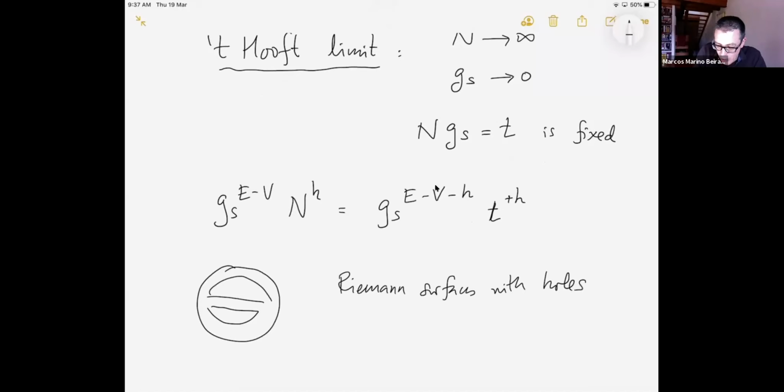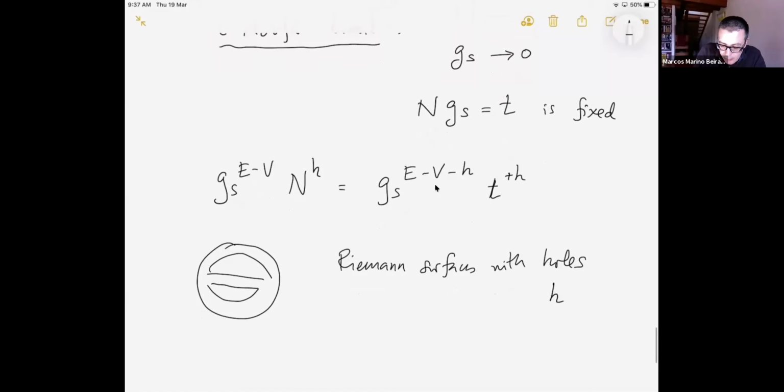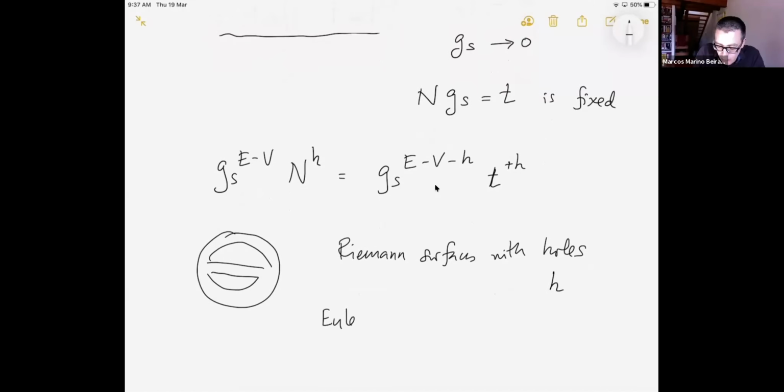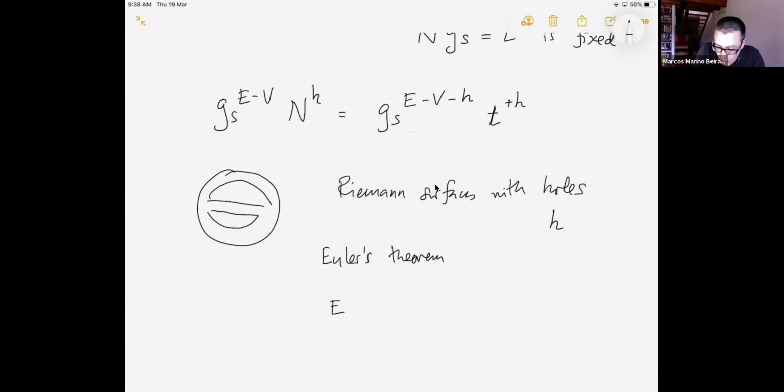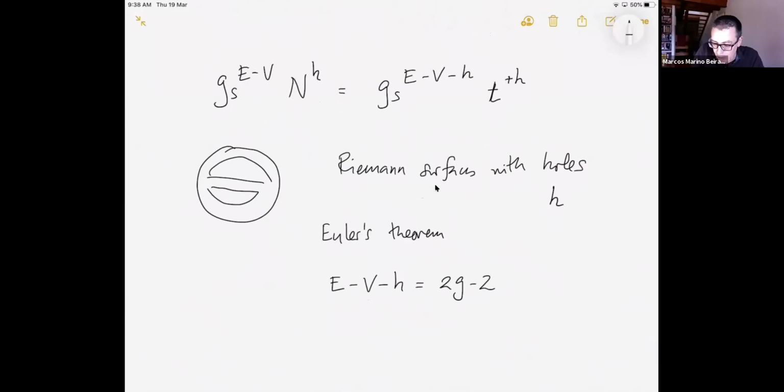So the number of holes is precisely h, and then Euler's theorem tells me that this precise combination e minus v minus h is actually the genus of the surface, 2g minus 2. So the power I get here is directly related to the genus of the Riemann surface represented by the diagram.